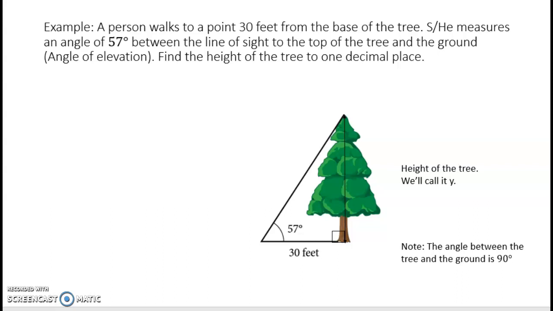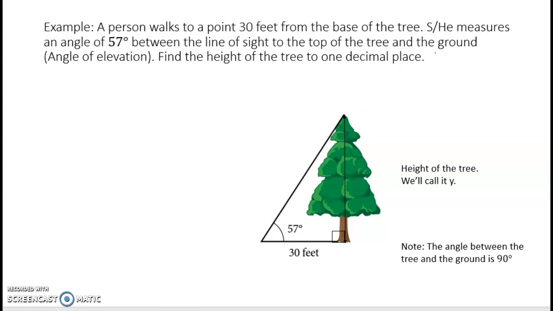So that would be the angle of elevation because you're having to look up. It says between the top of the tree and the ground. This person here has to look up, or elevate their head. So angle of elevation. So we're trying to find the height of the tree to 1 decimal place.